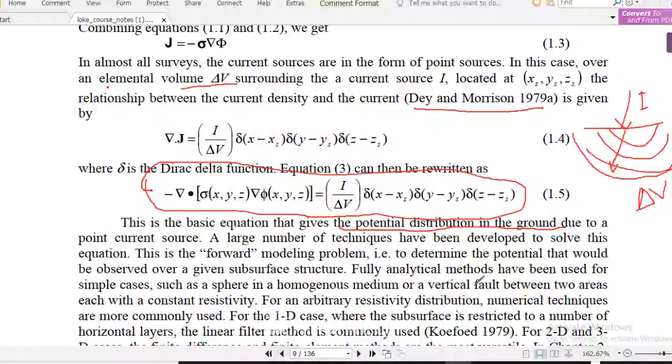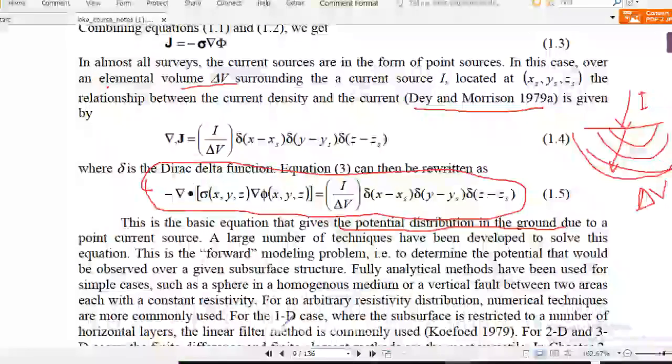Fully analytical methods have been used for simple cases such as a sphere in a homogeneous medium, or a vertical fault between two areas, each with a constant resistivity. For arbitrary resistivity distribution, numerical techniques are commonly used.